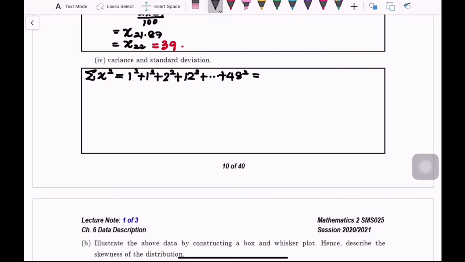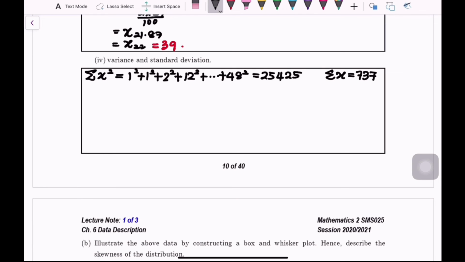The value is 25425. We already have the sum of x, which is 737.